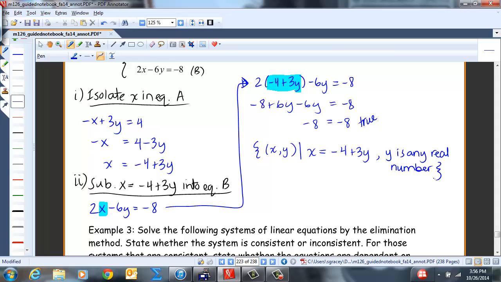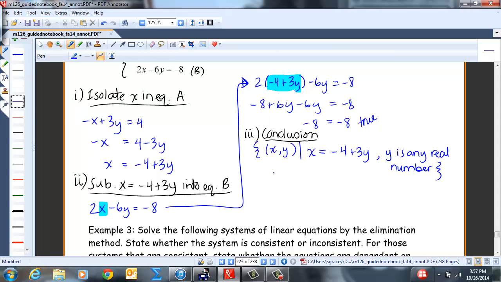Okay? And let's also put our conclusion here. If we had gotten something that was false, these would have been inconsistent. But negative 8 is equal to negative 8.